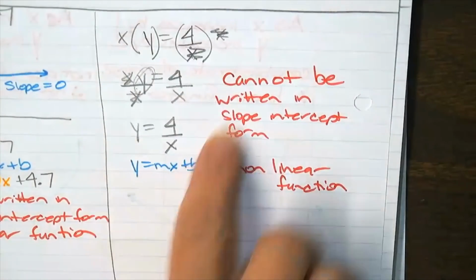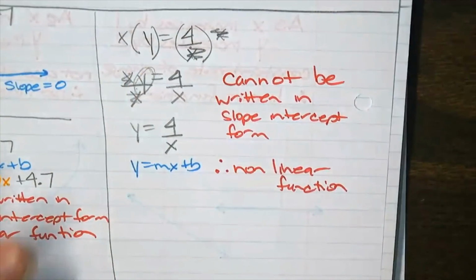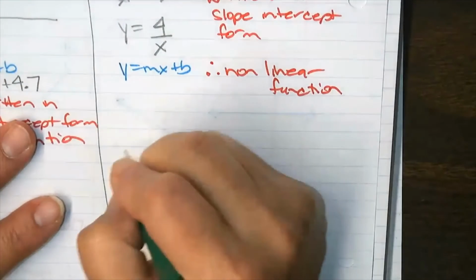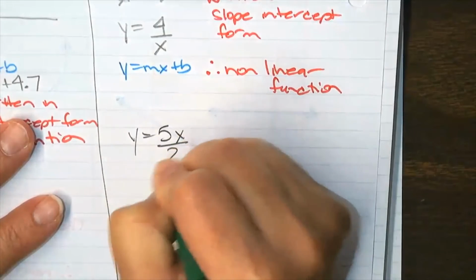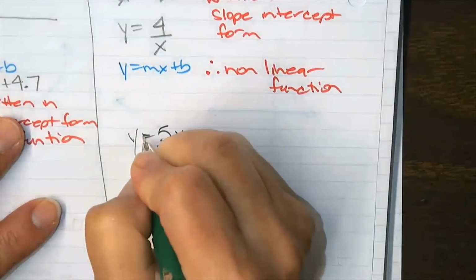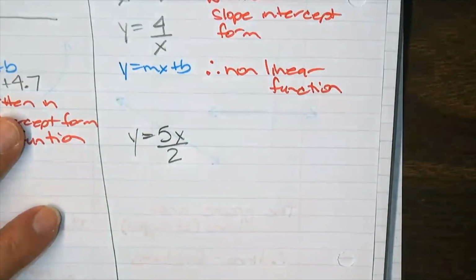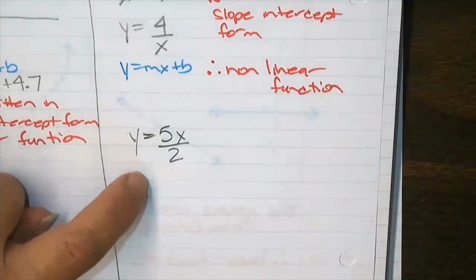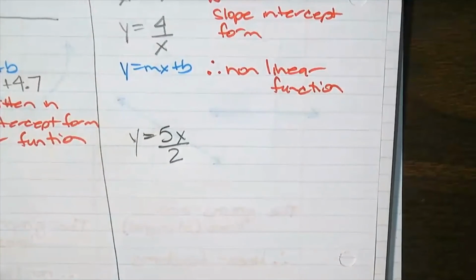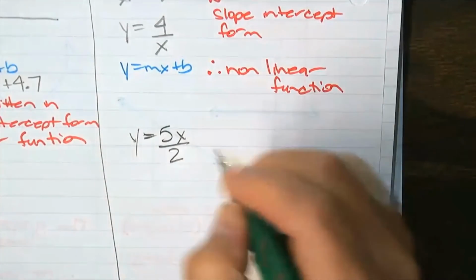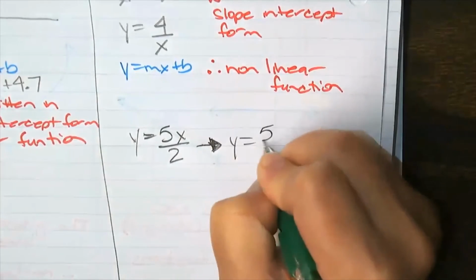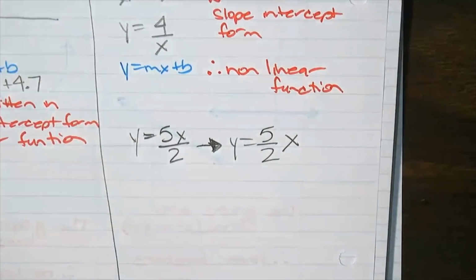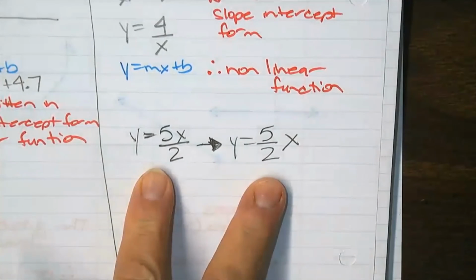Now, this is different than this. Y equals 5x over 2. Can we get this into slope-intercept form? You have to know how to manipulate fractions here. Y equals, these are the same problem. Same problem.